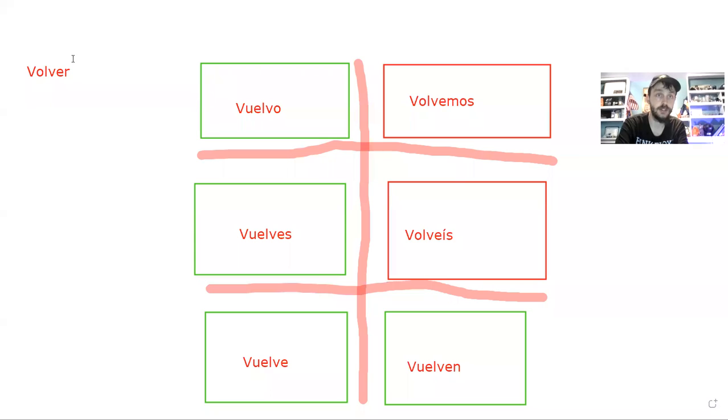So your conjugations in volver: yo vuelvo, tú vuelves, él vuelve, ella vuelve, y usted vuelve. Nosotros volvemos, nosotras volvemos, vosotros volvéis, vosotras volvéis, ellos vuelven, ellas vuelven, y ustedes vuelven.